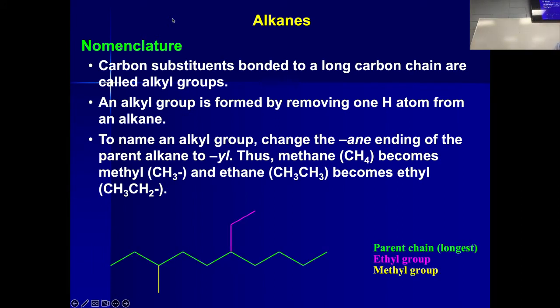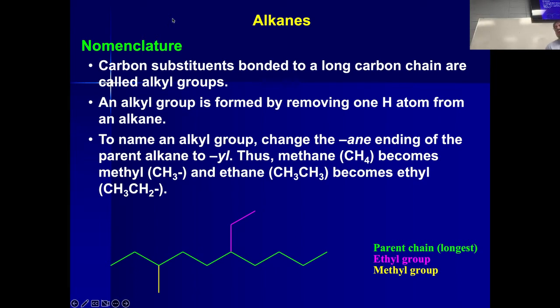So if you look at my example there on the screen, right? You see that I have the longest parent chain listed in green. What's the parent? How many carbons are there? 10. So this is a decane. Yeah, it's deca, right. So it's a decane molecule.